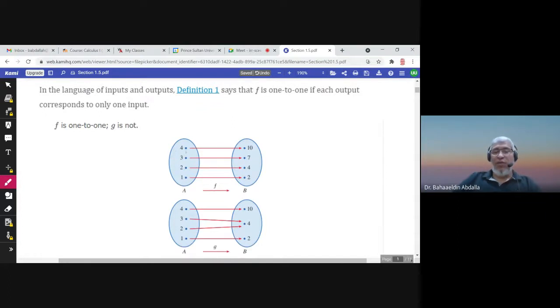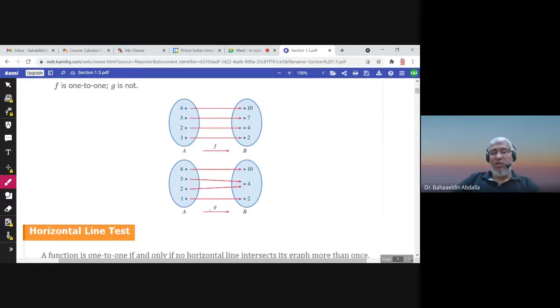function f is 1 to 1 because f of 4 is 10, f of 3 is 7. So 4, for example, here is an image for only one number, which is 2. So it is 1 to 1. But g is not 1 to 1 because 4 is the image of 3 and 2.